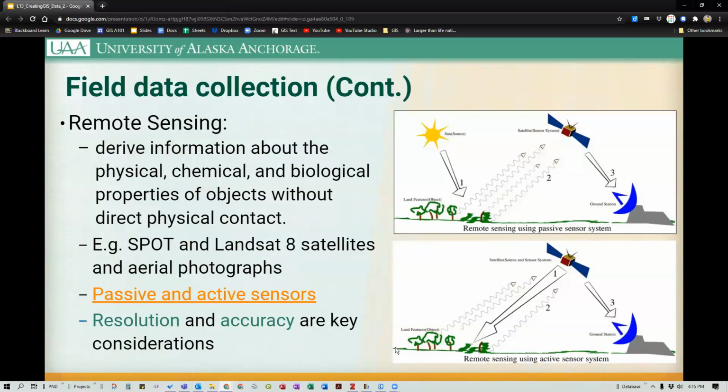The other aspect of field collection, which we don't really think of as field data collection because we're not going out in the field and doing it, but remote sensing is field data collection, and remote sensing with satellites is also field data collection. So the satellite is out there in the field, it's an unmanned system, so we're not out there manipulating the data collection, but sometimes they are manipulated remotely, right?